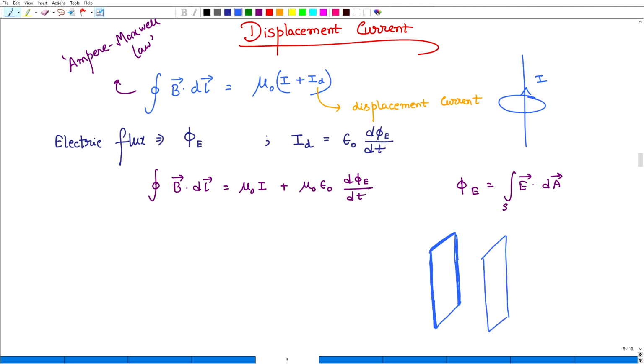We are considering this. This is another one. Two parallel capacitor plates, and electric current is flowing like this. I is the electric current, and now we are considering a surface like this.